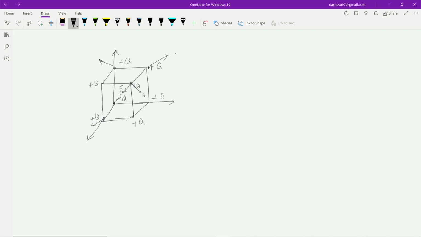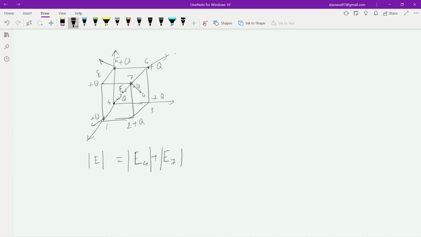So we'll find the magnitude of the electric field at the center as E4 plus E7, if we consider this as the fourth vertex and this as the seventh vertex. Okay, one, two, three, four, 5, 6, 7, 8.